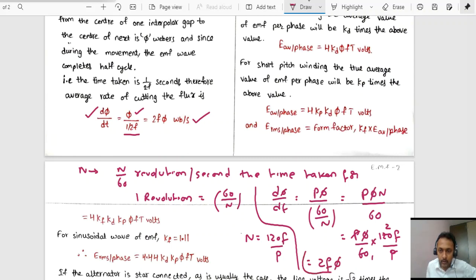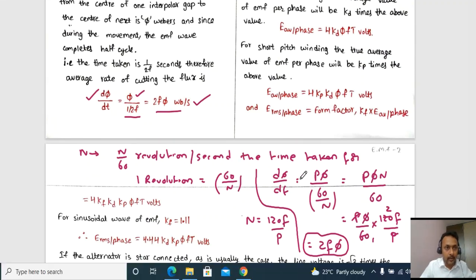So this is also okay. In this manner also you can derive it: d phi by dt equals 2f phi. Either way you can find the value of d phi by dt. In both cases we get 2f phi, right?